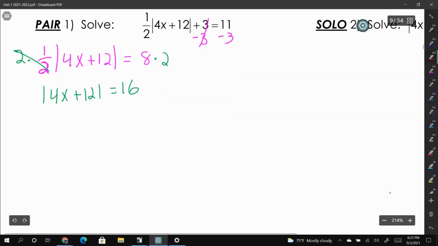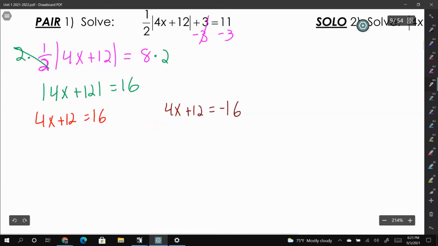Now we can set this up as two separate equations. 4x plus 12 equals 16, and 4x plus 12 equals negative 16. And we'll solve those separately. Subtract 12 from both sides. 4x equals 4.